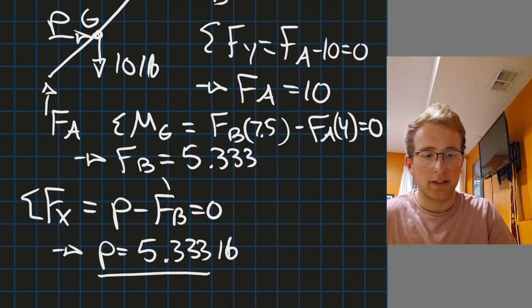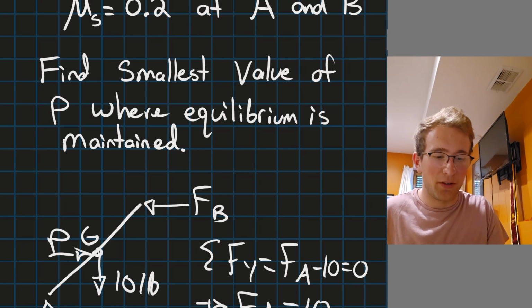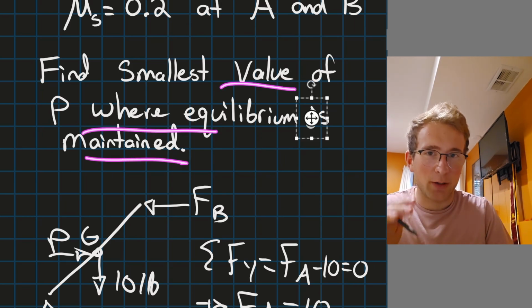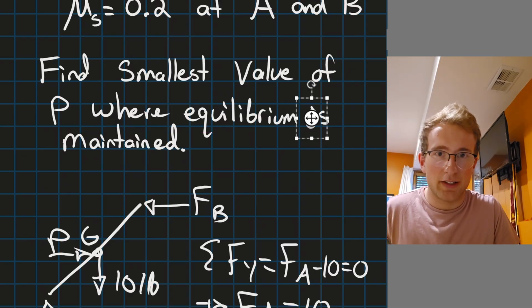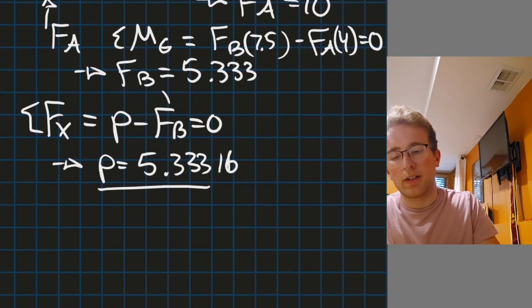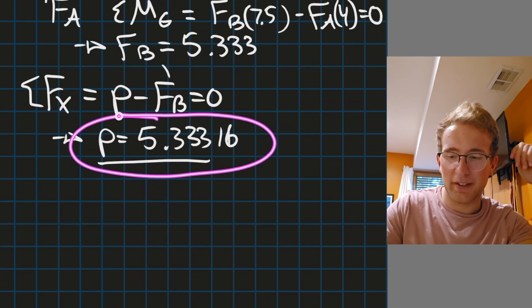The problem is asking, how low can we go, right? The smallest value of P where equilibrium is maintained. So how low can P get and still maintain equilibrium? Okay, so we are venturing where P is less than this.